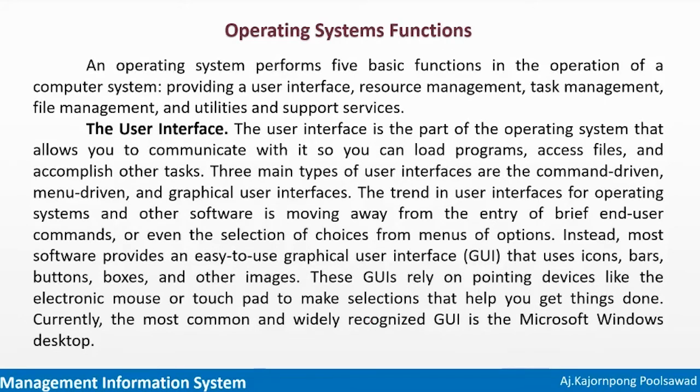Three main types of user interface are command driven, menu driven, and graphical user interface. The trend in the user interface of operating systems and other software is moving away from the end user typing commands. So mostly now we use a GUI, the graphical user interface, like Word, Windows.